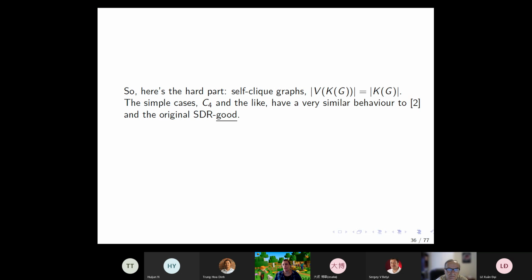So the problem that we're stuck with then is the self-clique graphs. Okay, C4. C4, it's the self-clique graphs. And partly I like them because I don't have to use a limit, and so I don't feel continuous and like I'm betraying my own self.